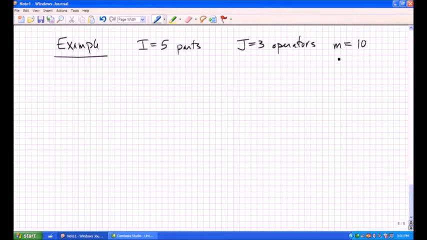So M equal to 10 inspections for each combination.